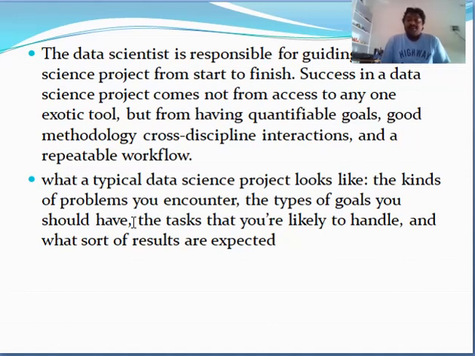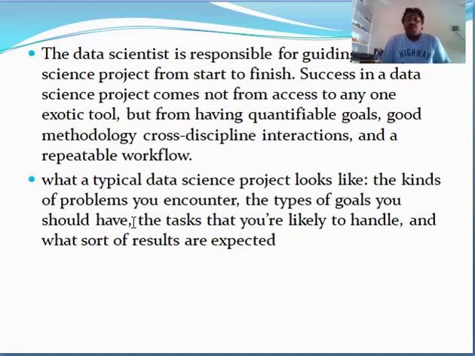Success in a data science project comes not from access to any one exotic tool, but from having quantifiable goals, good methodology, cross-discipline interactions, and a repeatable workflow.